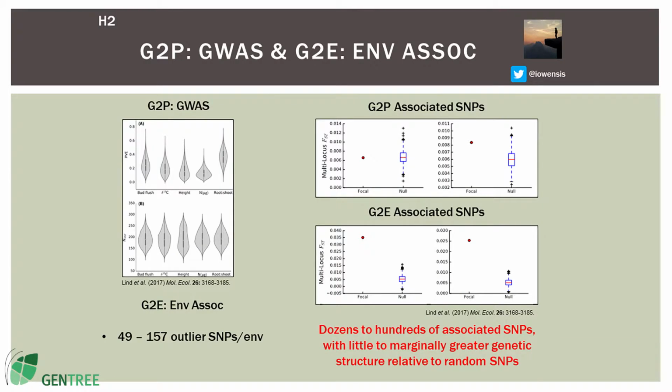That's the causative locus set. That's the null distribution of the same number of markers matched on heterozygosity, FST at single loci, and missing data. Those are loci that seem to cause, I forget which trait, one of the phenotypes, relative to random markers.